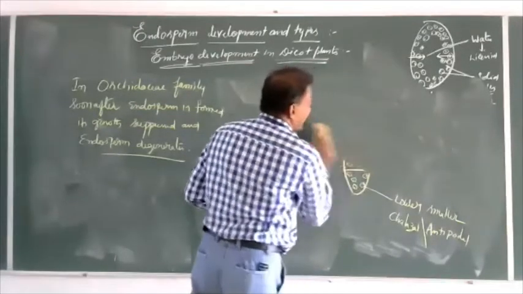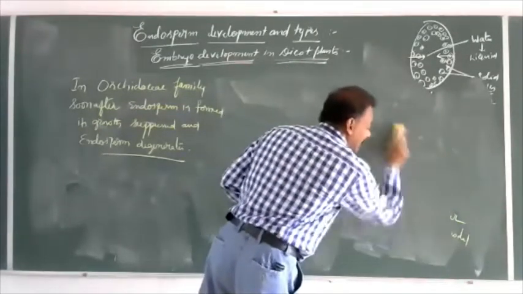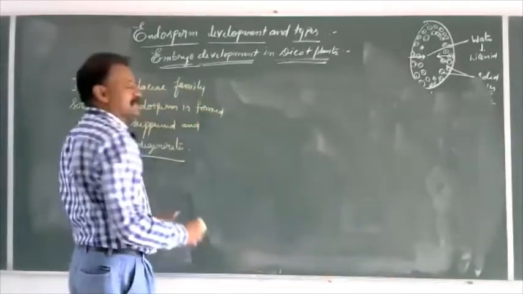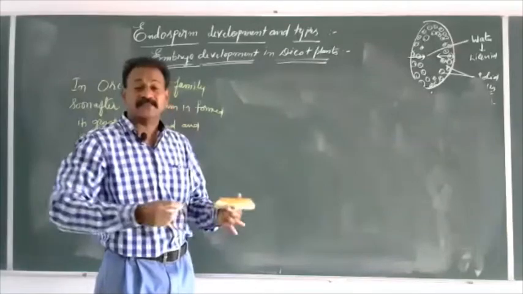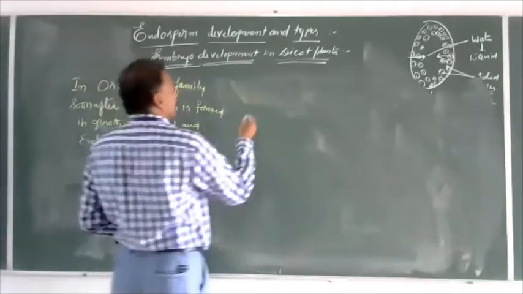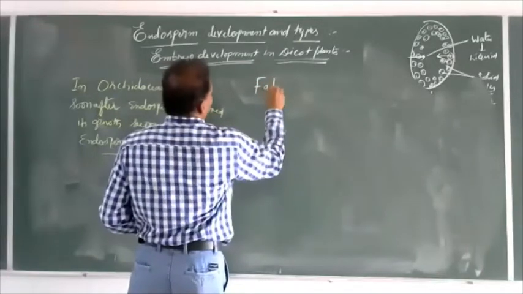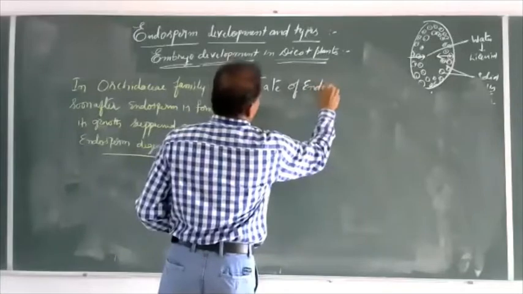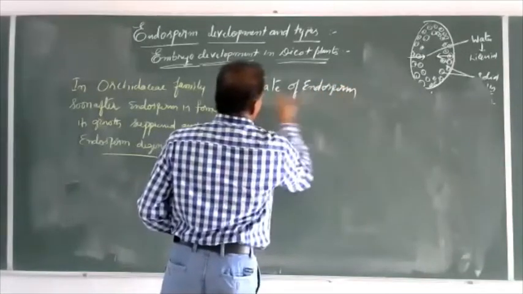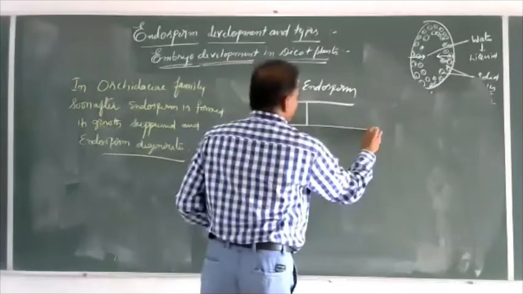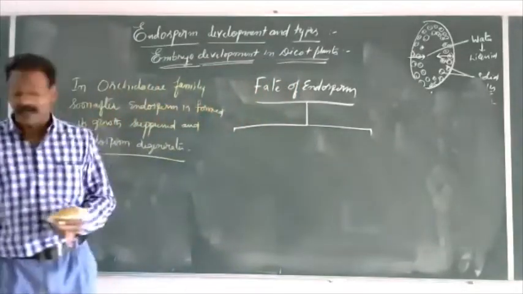Whether it will supply food, how long it will sustain in the seed, whether every seed possesses endosperm or those seeds which are not having endosperm. All these are the fate of endosperm, which is in two methods. How, sir?